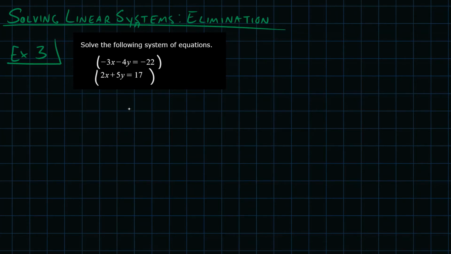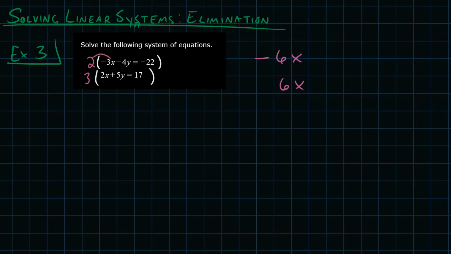I'm going to multiply this first equation by 2, and the second equation I'm going to multiply by 3. That way, when I multiply 2 times negative 3x, I get negative 6x. And when I multiply 3 times 2x, I get positive 6x. Meaning that when I add these two equations together, the x variable will be eliminated.